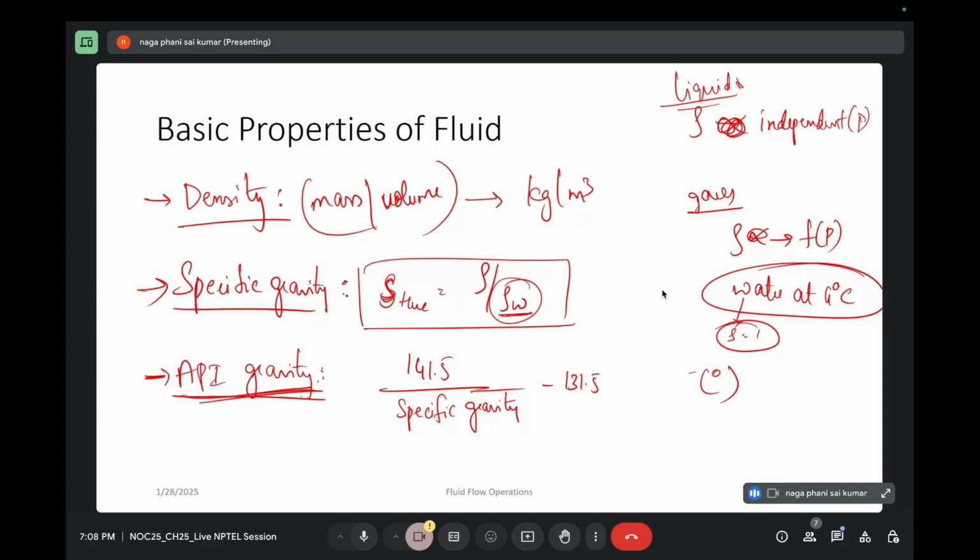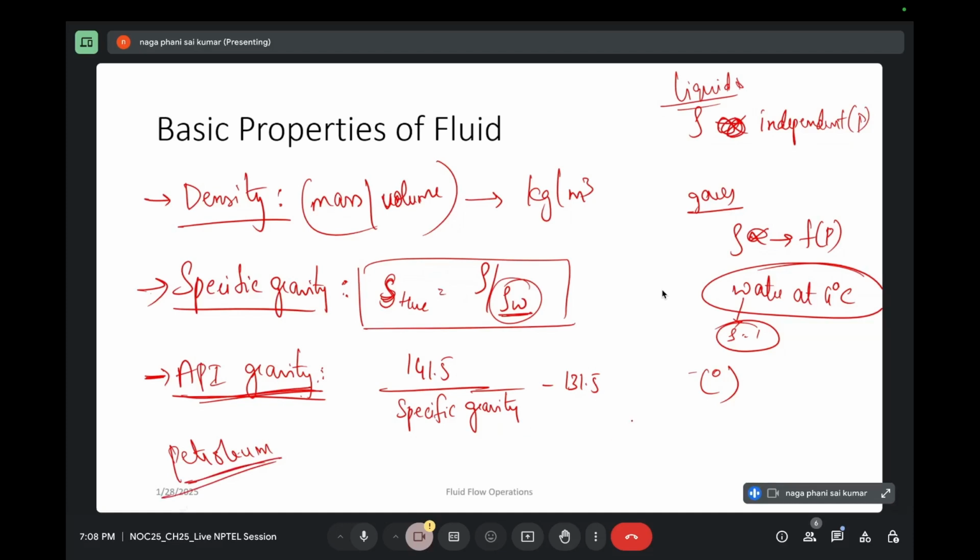Sorry, API gravity, not specific gravity. Petroleum industry, yeah, the petroleum industry uses API gravity as the reference unit.